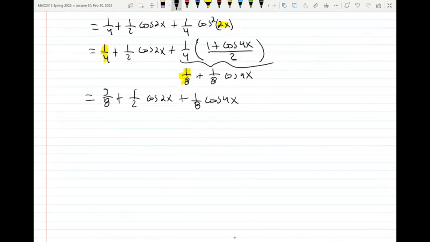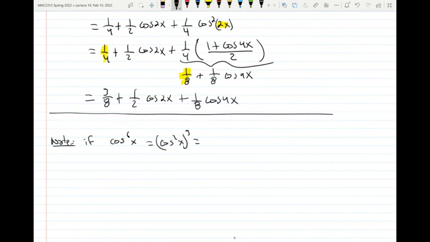So imagine that we had cosine to the 6th, then this would be cosine squared, cubed. So you would write this as 1 plus cosine of 2x over 2, and you cube it. And then you could take out the 1 over 8. The point is what you're going to get here is what I want to talk about. What do you do in this case?